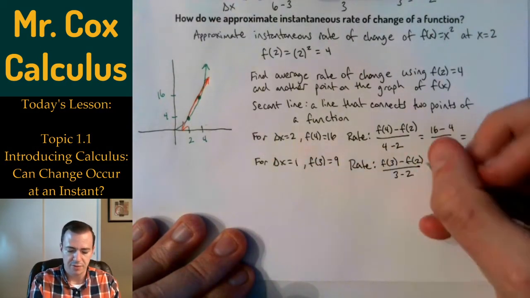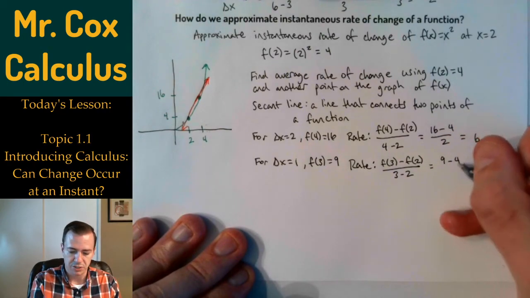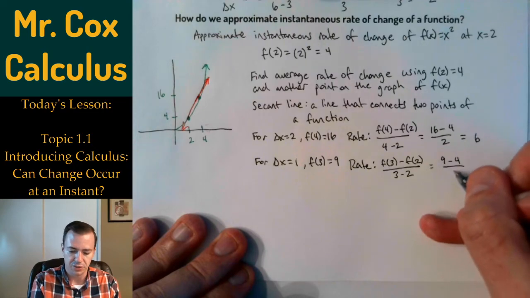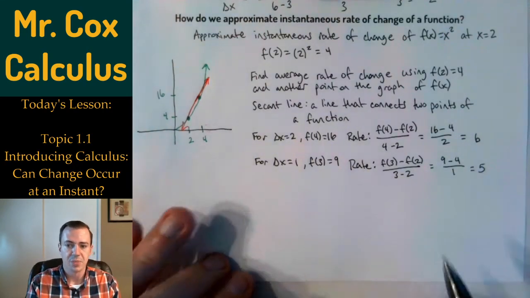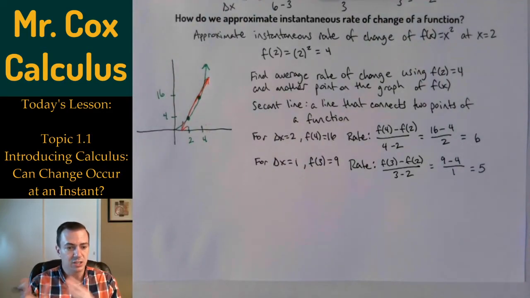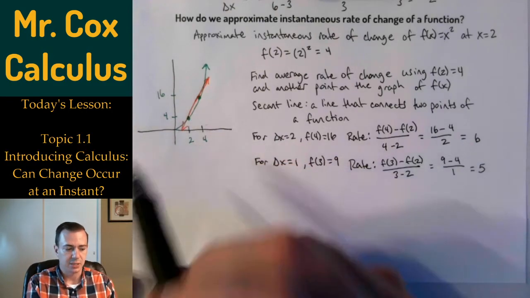And I can say, well, f of 3 was 9, minus f of 2, which is 4, all over 3 minus 2, which is 1, and that ends up being 5 over 1, or 5. So I've made my rate of change a little bit less steep here, and I'm getting a lot closer to what the rate of change is at x equals 2.